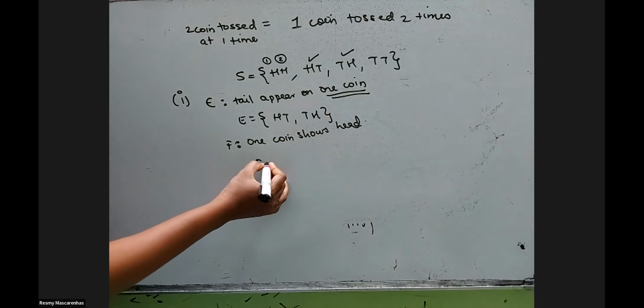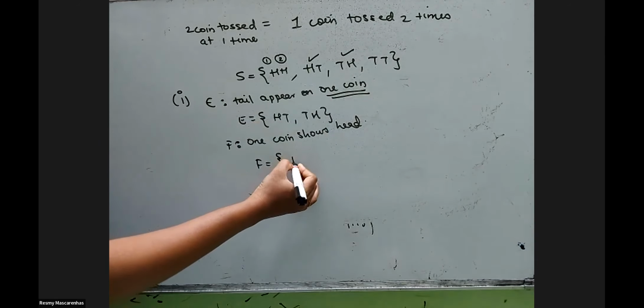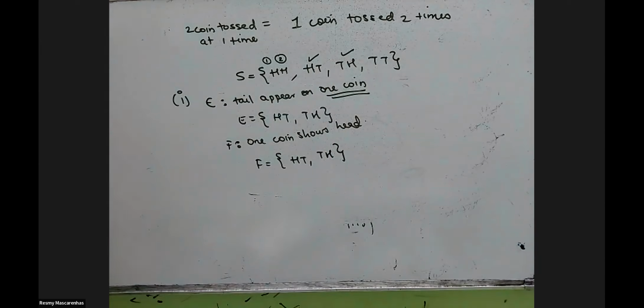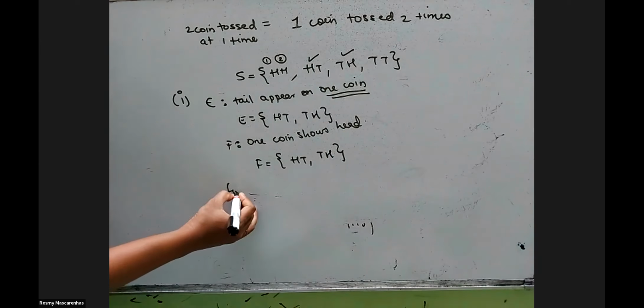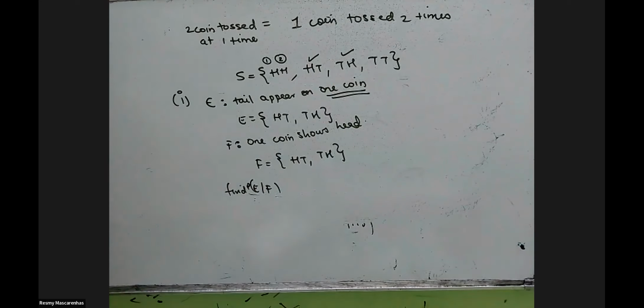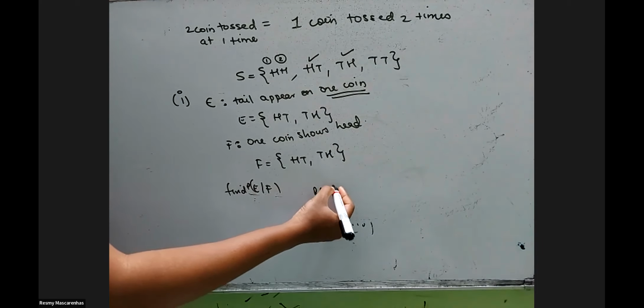So now this part we have to frame. Now what you have to find? Find E upon F has been told. So what is the probability of E upon F? Apply the formula.